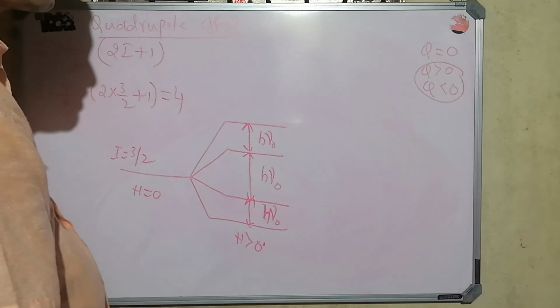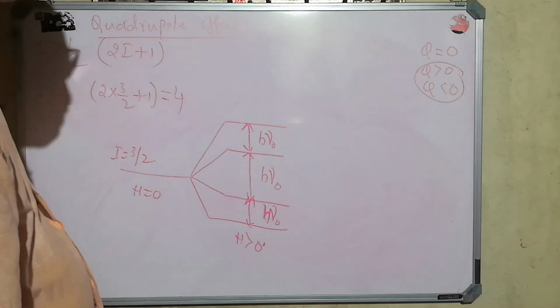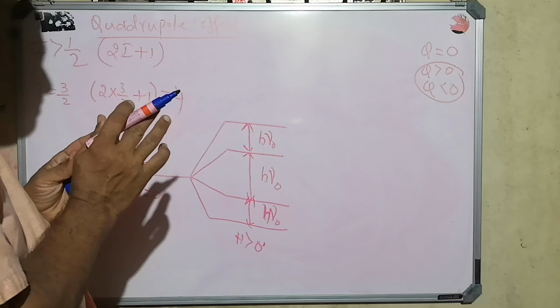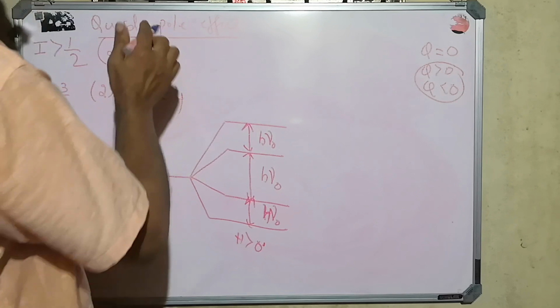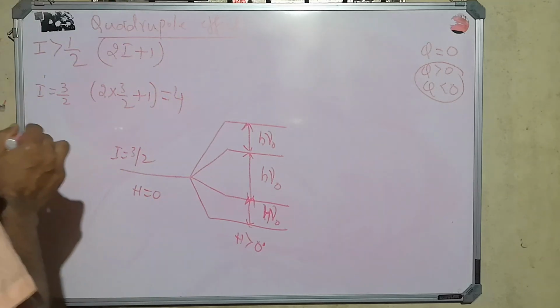When the nucleus is not spherical, what happens? The nucleus produces the quadrupole moment.